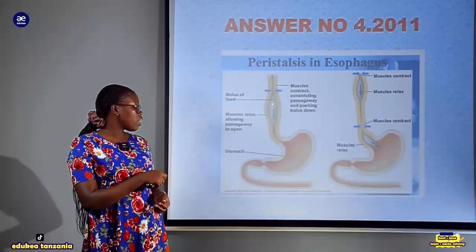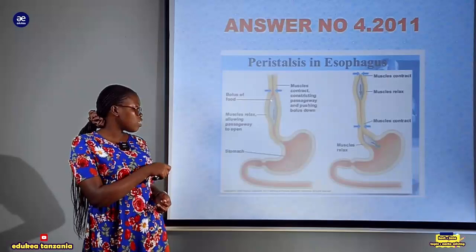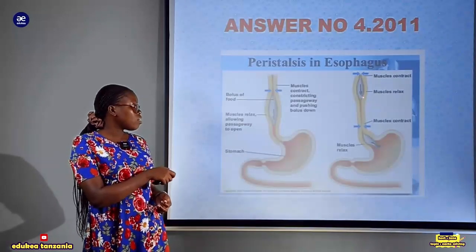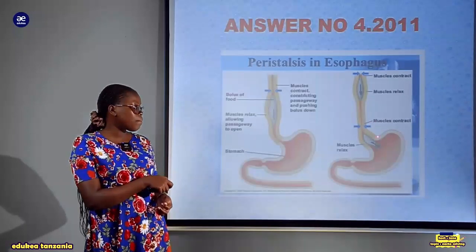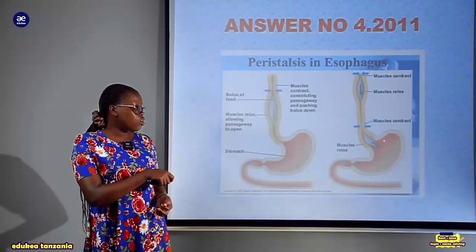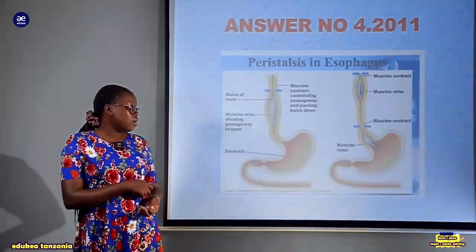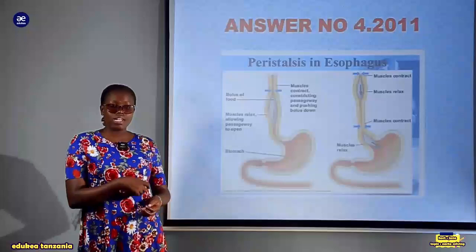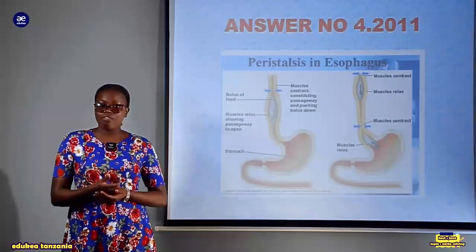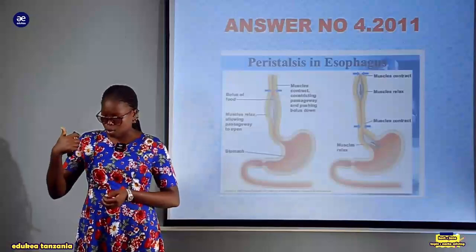Chakula hapa ni tonge, unaona kuna food bolus, muscle inakuwa ina relax ina allow kuweza kupita, na ikicontract inakuwa inafunga. Na hapa kuna sphincter muscle kuensure kwamba chakula hakirudi back katika esophagus. Chakula kinapitishwa kuja hapa katika stomach kwa ajili ya temporary storage na further digestion, ambapo tunajua within the stomach is where the digestion of protein inaanza.